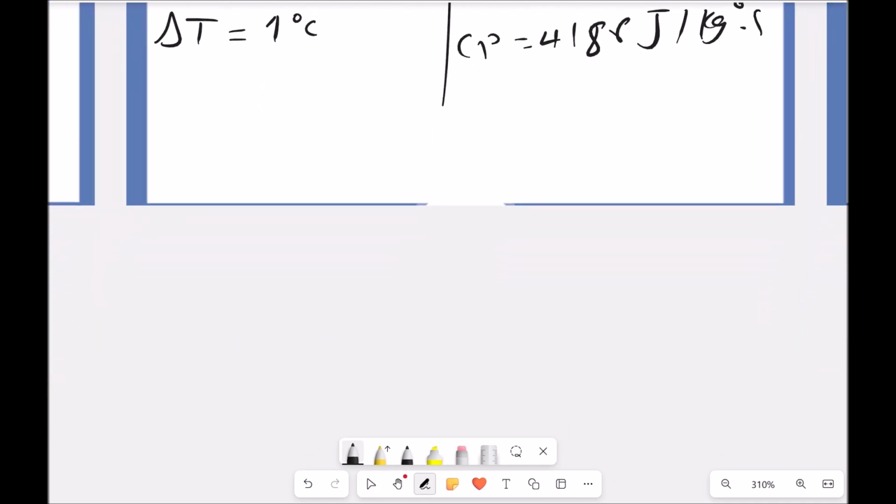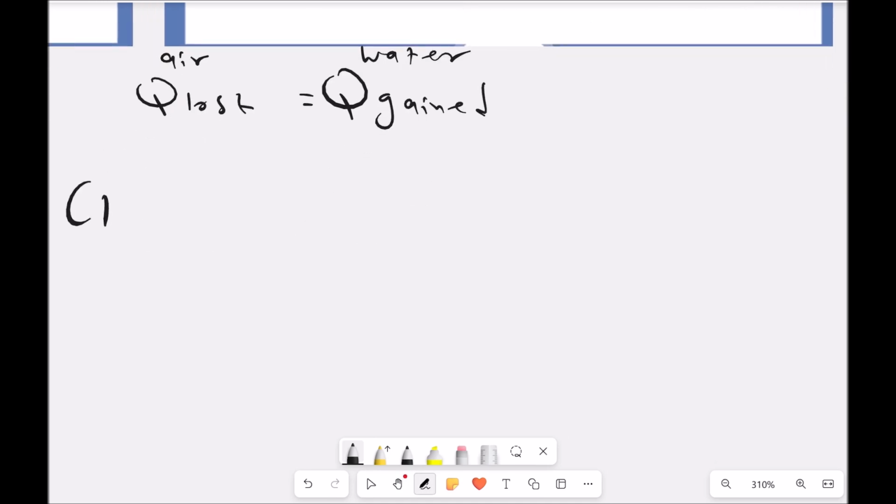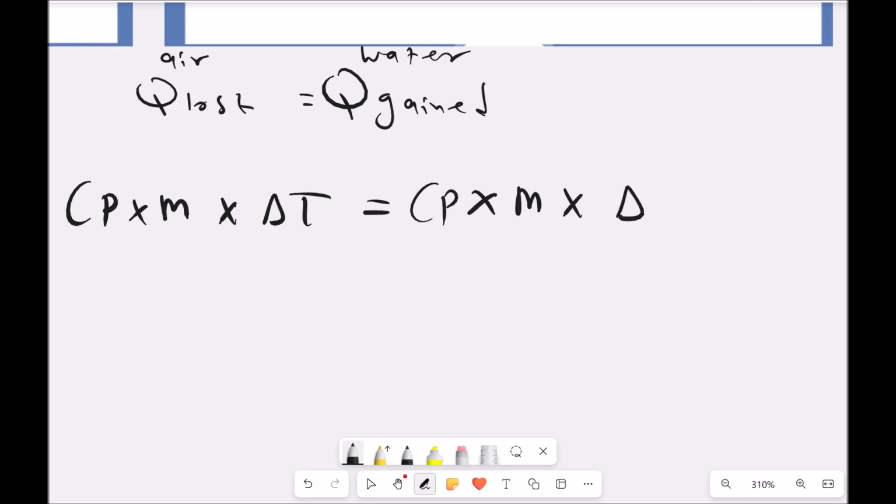Okay, now we should take Q lost by the air, this is air, is equal to Q gained by water. So Cp for the air times mass of the air times delta T of the air is equal to Cp of the water times mass of the water times change in the temperature of the water.